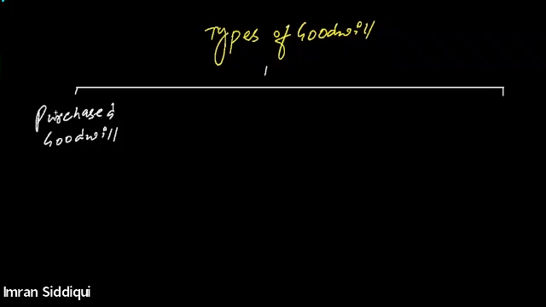Only the purchased goodwill will be written under the balance sheet. Unless it is specifically mentioned that it is the purchased goodwill, always assume that it is the self-valued goodwill, right? So there are two types of goodwill, self-valued and purchased, and the treatment depends upon the type.